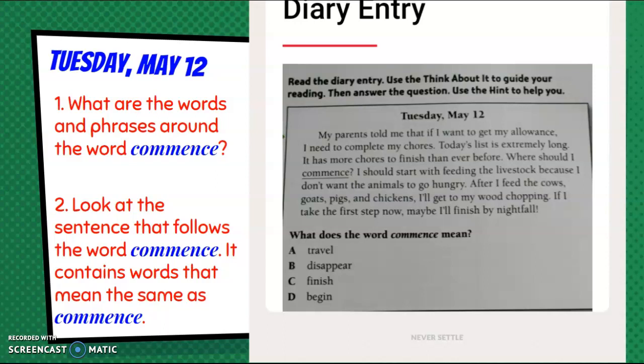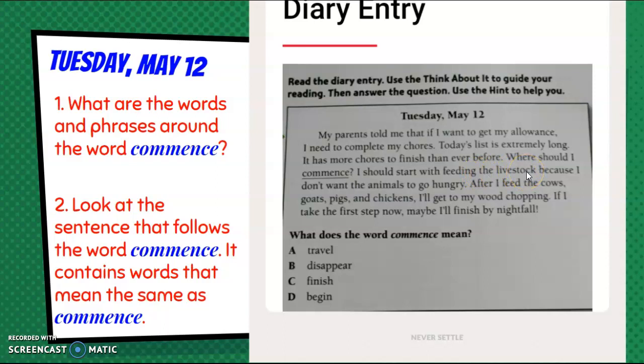So when I go back and I look here at this short little paragraph, I see that the word commence is underlined. And the question over here to the left says, what are the words and phrases around the word commence? It says, where should I commence? And then it says, I should start with feeding the livestock.